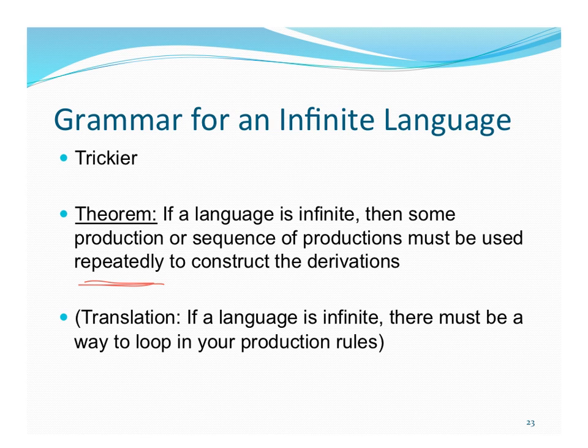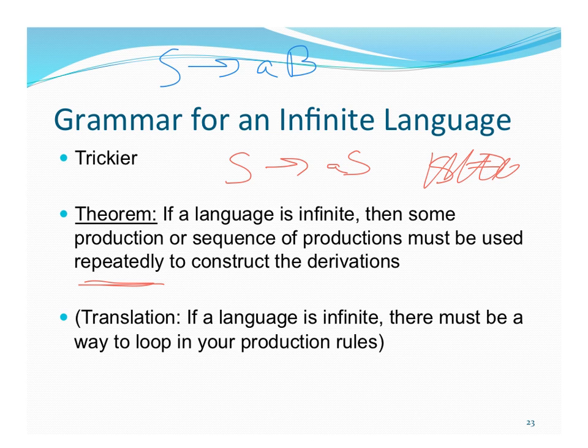And that loop might be a direct route where S goes to AS, right? Or it could be something a little bit more complicated, like S goes to AB and B goes to BBS, right? So you have to keep going, they're interdependent.